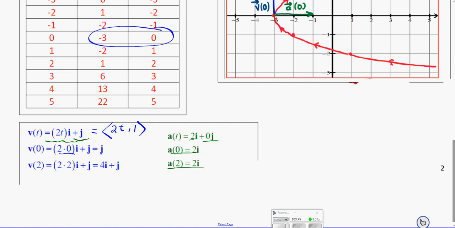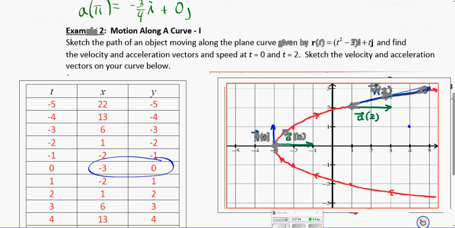At time 2, the acceleration is 2i. At any time, the acceleration is 2i, which means we have constant acceleration. From the position at time 0, draw in that 2i. From the position at time 2, draw in the vector 2i. Questions?